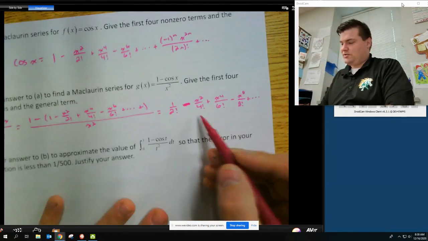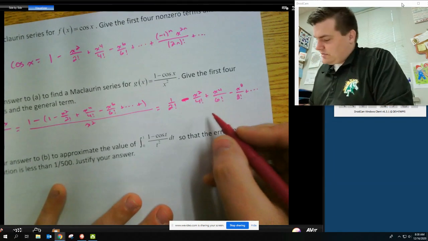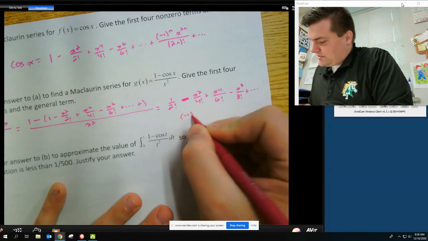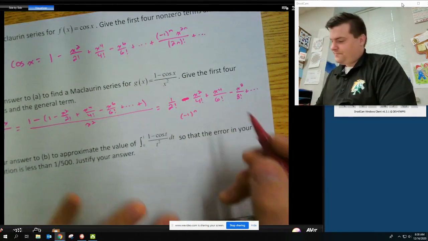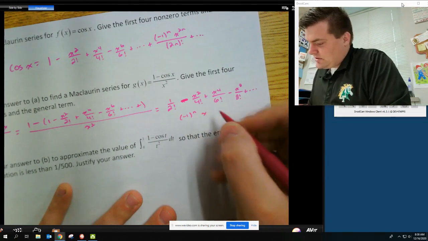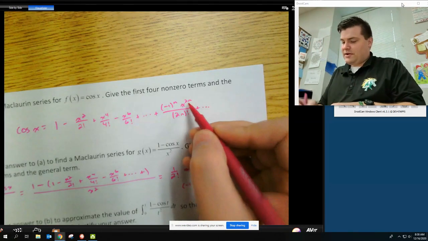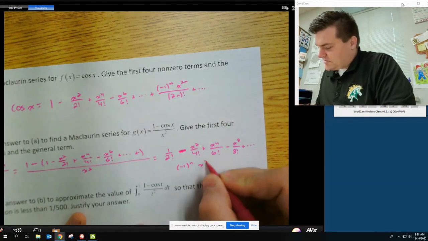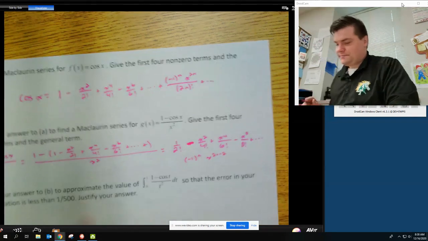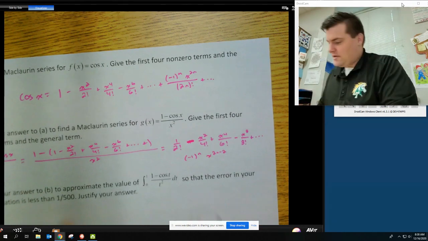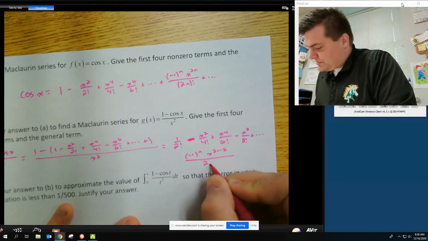So the general term for this is going to be negative 1 to the n because we are alternating, and again, if you're just dividing by this, you can use our general term here and be like, oh, we're dividing by x squared. That's going to be just x to the 2n minus 2, all over 2n factorial.